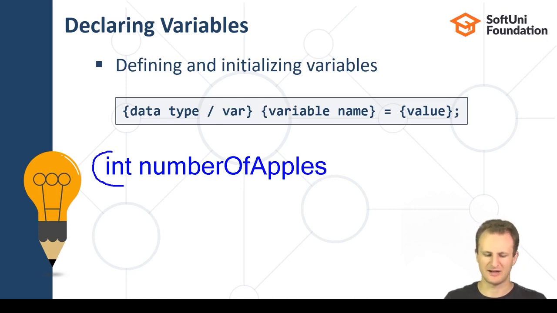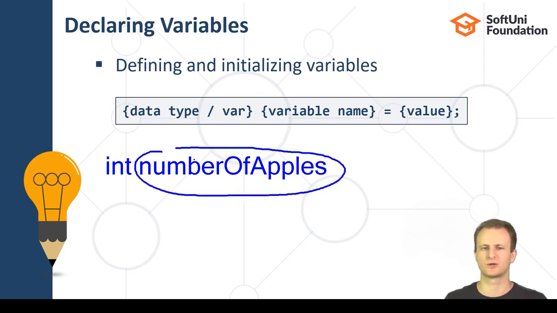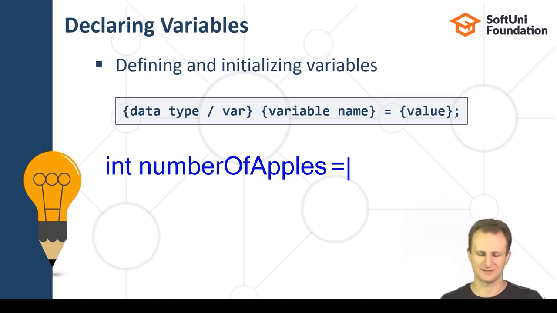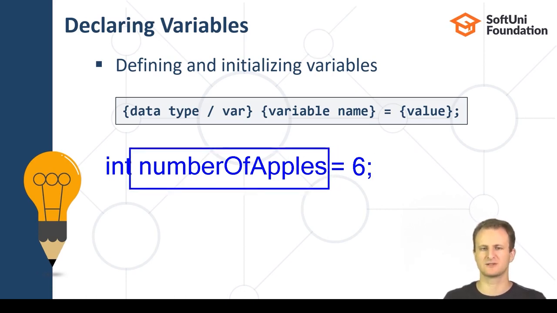What we tell the compiler here is that we want an integer data type, meaning that we will have integer numbers inside this variable, and we name the variable in some way so that we can refer to it later on. So Java knows what we call this piece of information. After we create this variable, we can give it a value, meaning we can place apples inside numberOfApples, and let's say our apples are 6. Okay, so doing this will create a piece of information inside the computer.